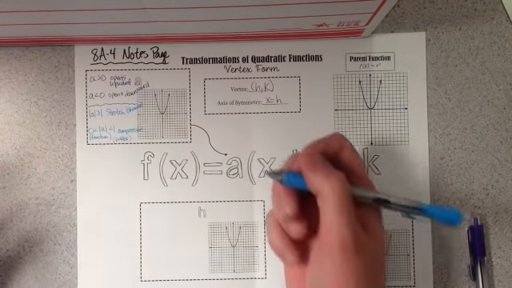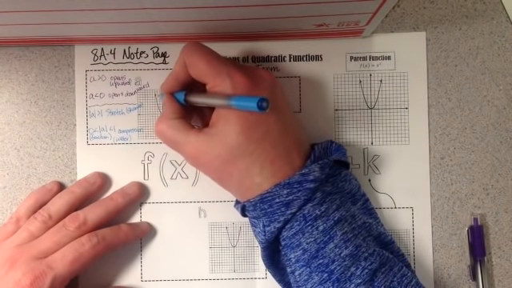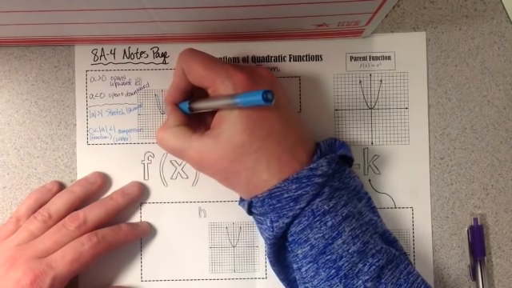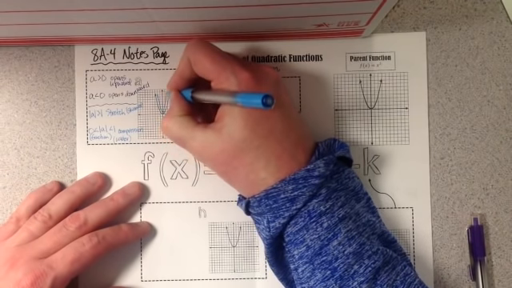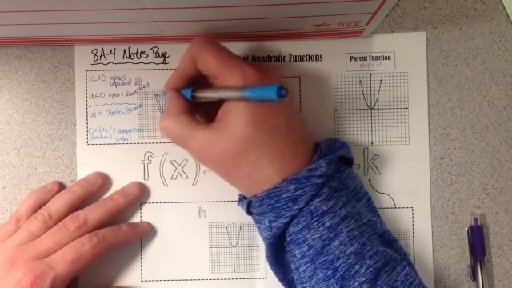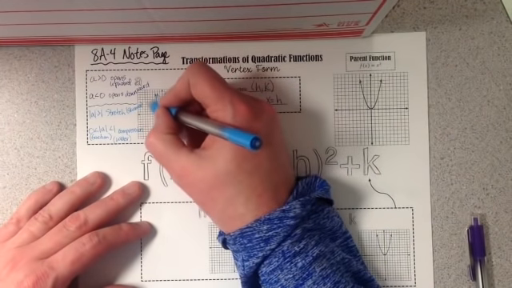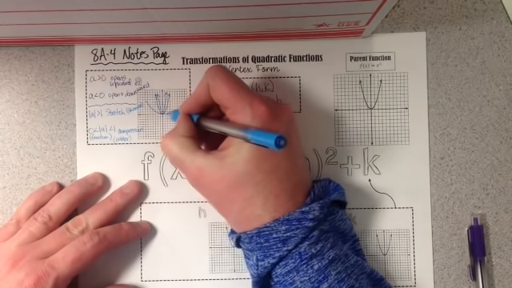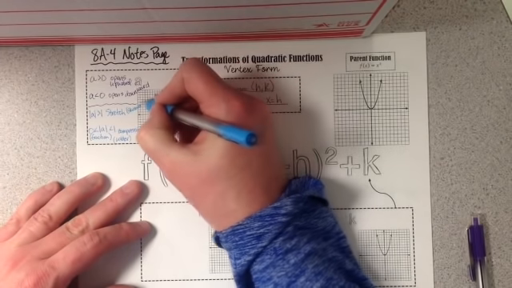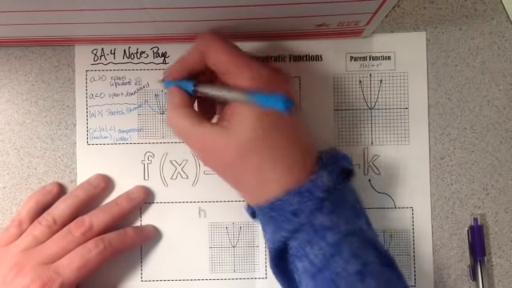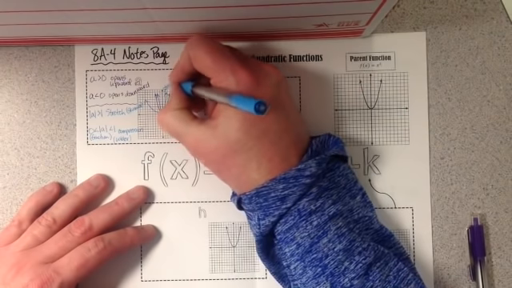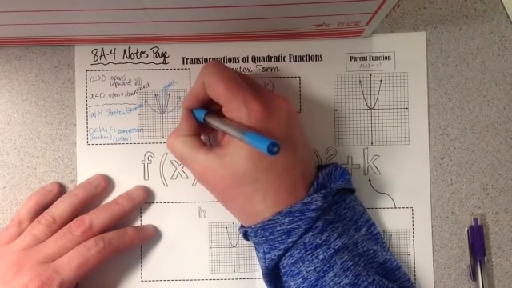So let's draw an example of a stretch. A stretch would be something like this. The parabola is skinnier. Okay? And then the compression would be something like this. Okay, so I'm going to call this the stretch, and this is the compression.